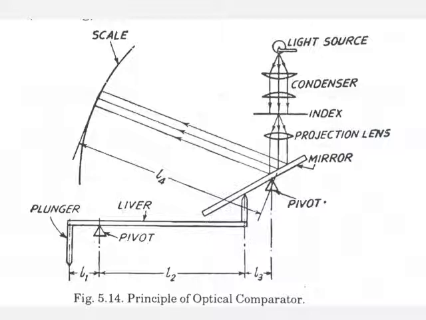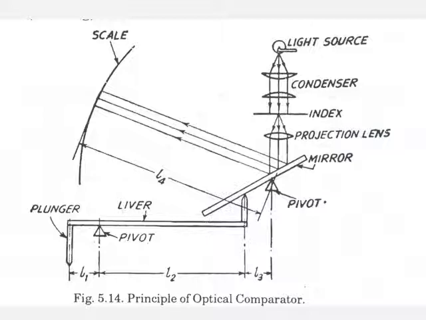If I give an upward or downward movement to this plunger, that causes an upward or downward movement of the pointer which is fixed at the other end, supported at the center with the help of a pivot. So when the plunger moves up or downward, obviously it causes some movement at the other end, and these two points are connected with the help of a lever.